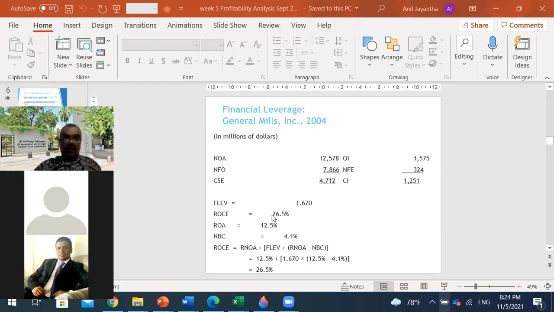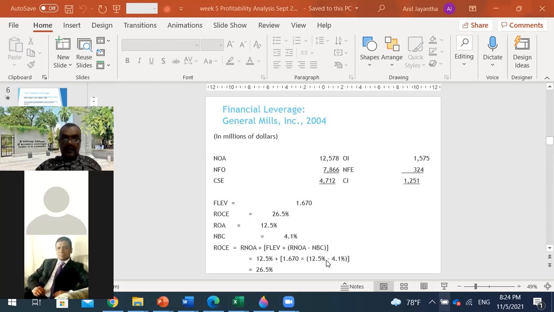So the calculation that you did here, I think we cannot stop for the time being. 26.5 is ROCE. Return on net operating assets is 12.5. Leverage is 1.7.